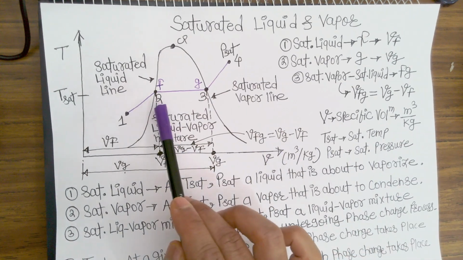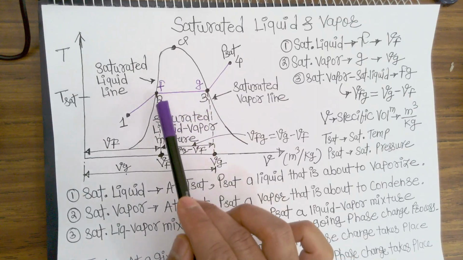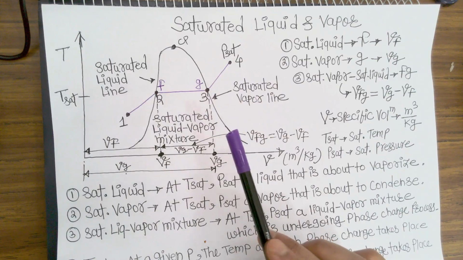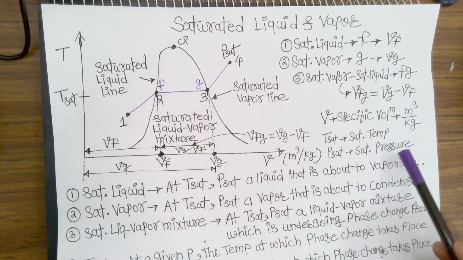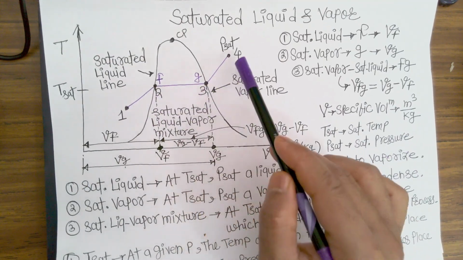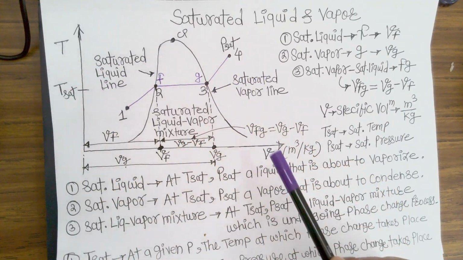So for point 2 or for point 3 or for any point between 2 to 3, the temperature and pressure is always saturation temperature and saturation pressure. And this line 1, 2, 3, 4 represents a constant pressure line on the TV diagram.